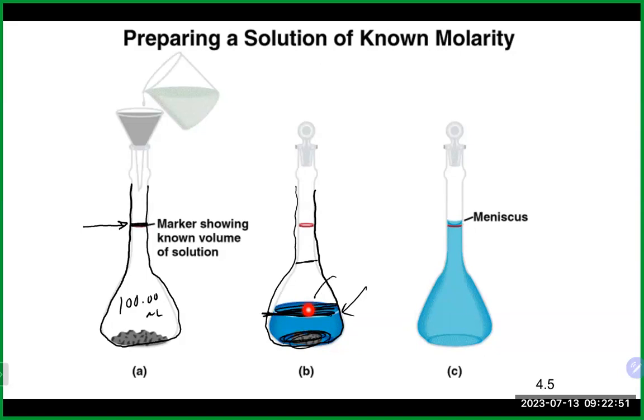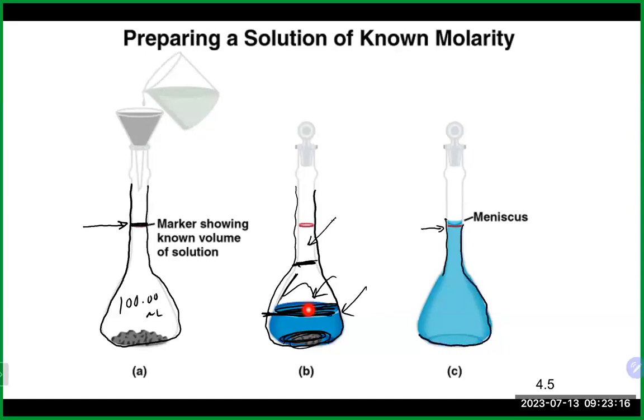You may add a little more water as you are getting it to dissolve, and eventually, hopefully, it all dissolves. At that point, you should carefully, with a wash bottle or something like that, fill the rest up to the line, and the meniscus should be at the line.